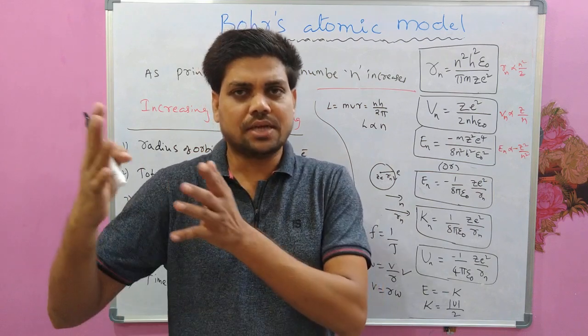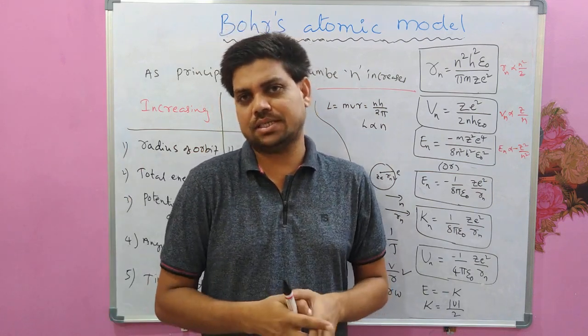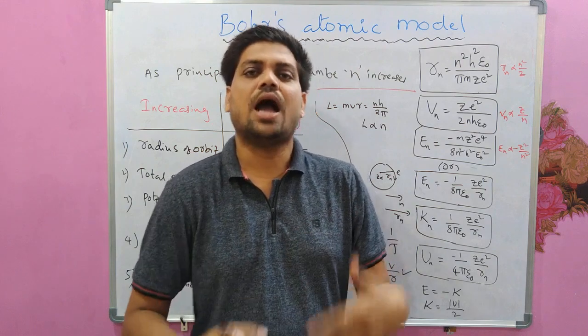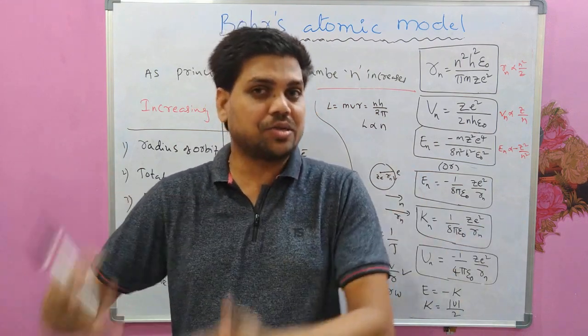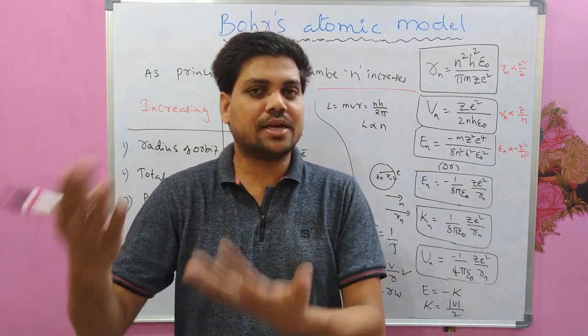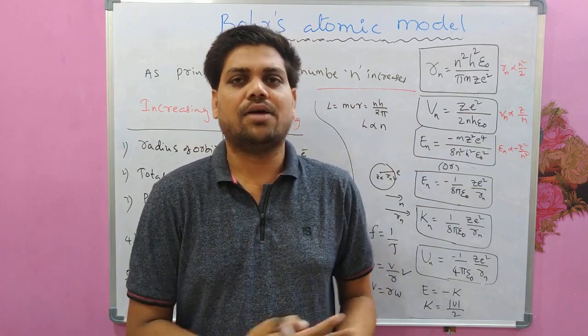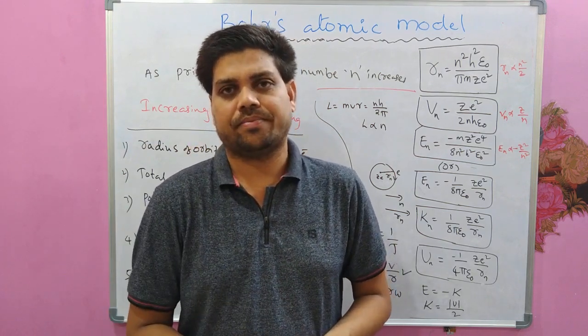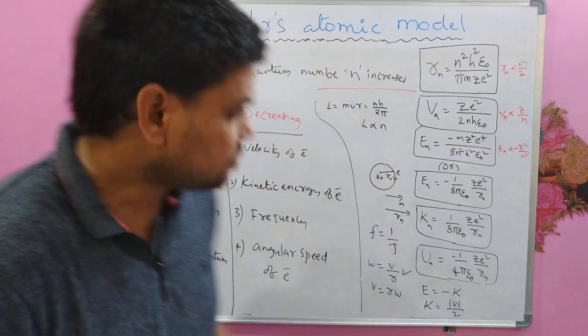We will see the hydrogen atom spectrum first. Then we will see how this can be applied to the hydrogen-like atoms, what the hydrogen-like atoms are and how this is applied to them.